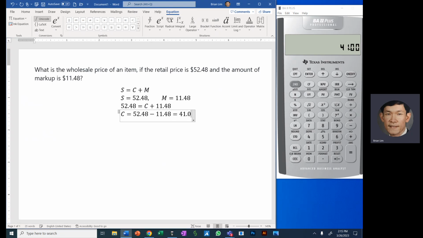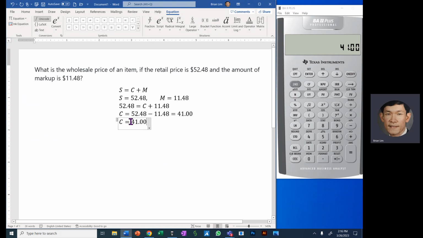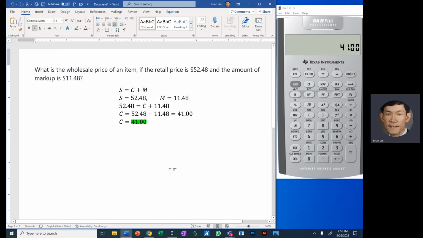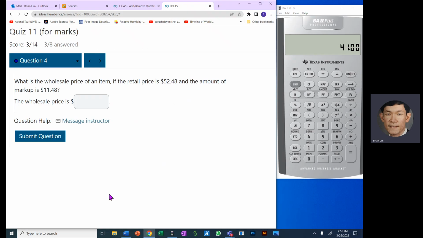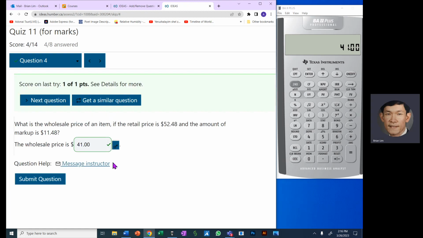So 41.00, or the cost is equal to 41.00. There we are. So this is the answer. There we can highlight it. So we go back and find the answer box. We can put in 41.00, submit the question, and it is correct.